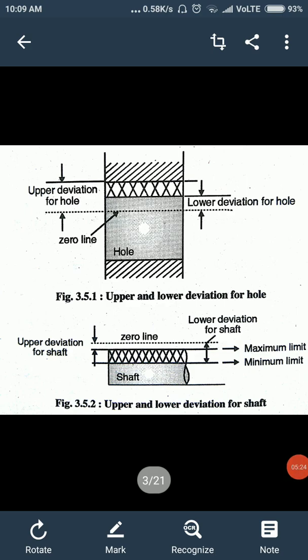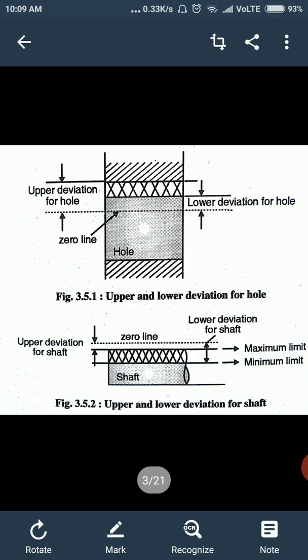After that, next are the basic shaft and basic hole. A basic shaft is a shaft whose upper deviation is 0, or where the maximum limit of size is equal to basic size.